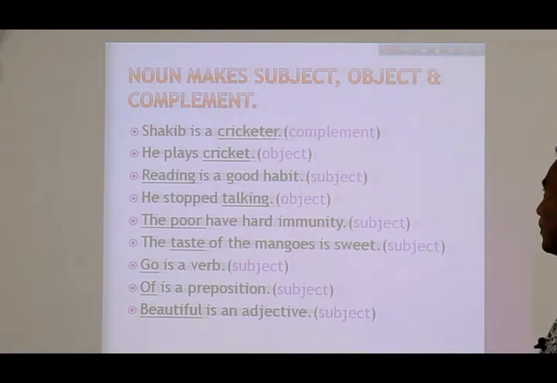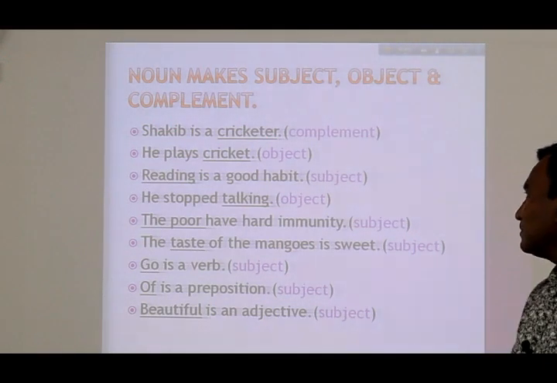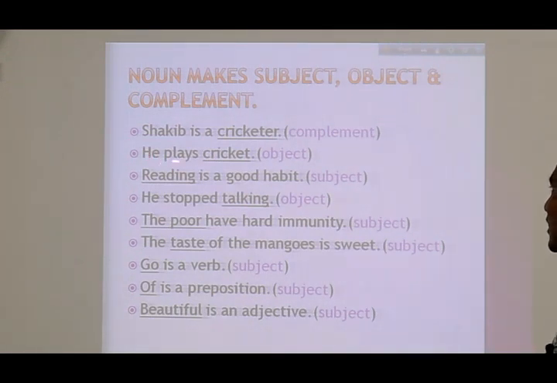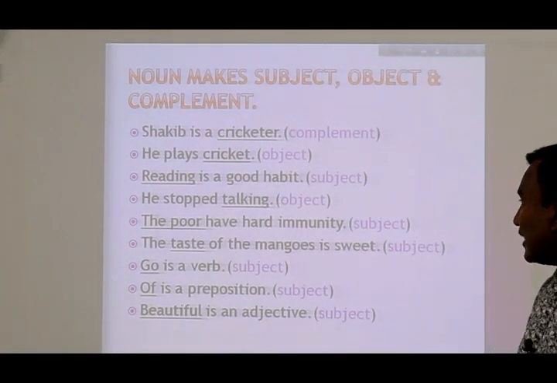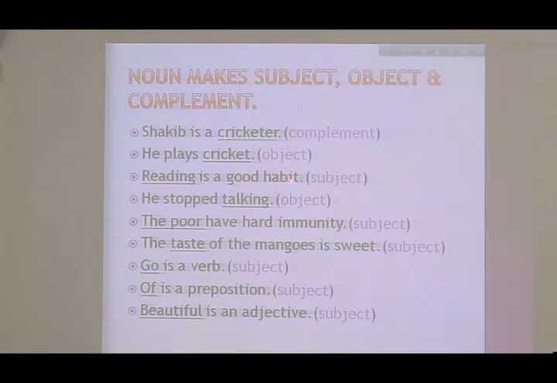It is a complement to Shakib, because Shakib and cricketer are the same person. Next sentence, he plays cricket. Here cricket is used as object. So cricket is noun. In the next sentence, reading is a good habit. Here reading is used as a subject. So reading is noun.